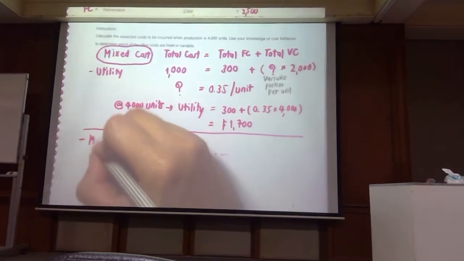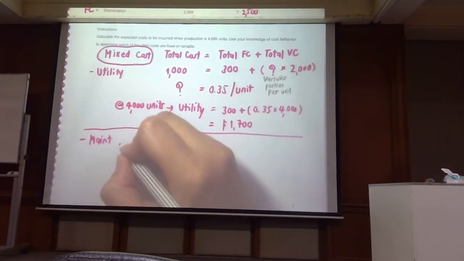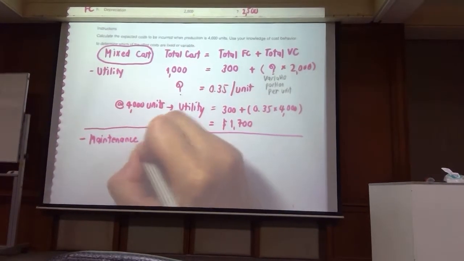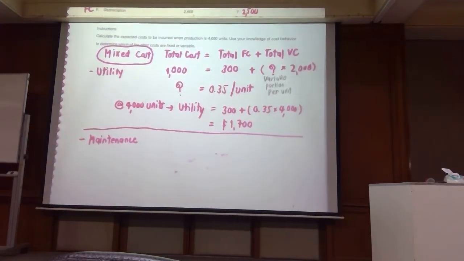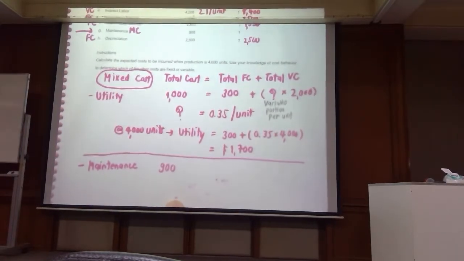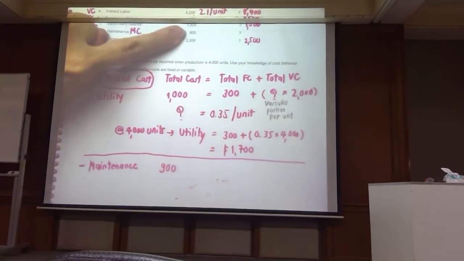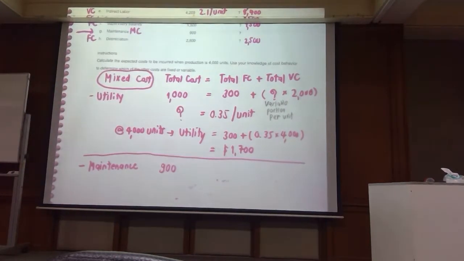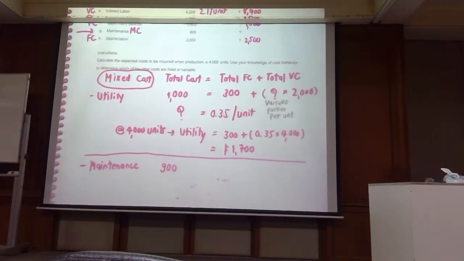And how about the maintenance cost? We do the same thing, right? Let me compute a bit, okay? From the information given here, we know that the total maintenance cost equals 900, okay?